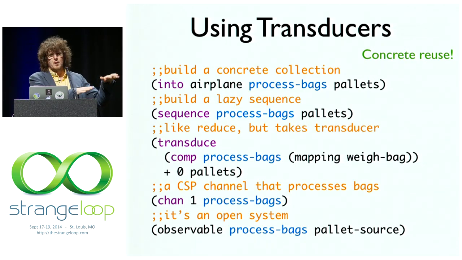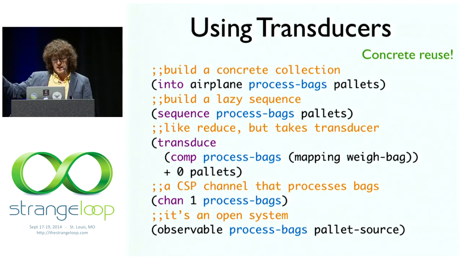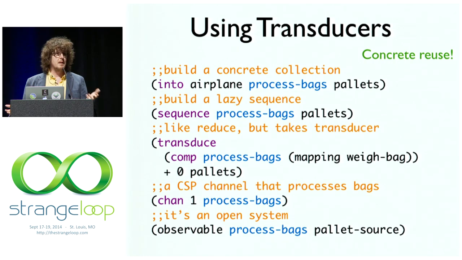Instead of having more object-oriented collections that know how to absorb other collections with build from, we just had the standalone thing called into, but it's the same idea. Your source and destination could be different. So we want to pour the pallets into the airplane, but we're going to take them through this process bags transformation first. So this is collection building. Into was already a function in Clojure. We just added an additional arity that takes transducers.